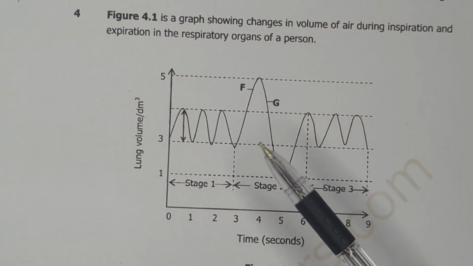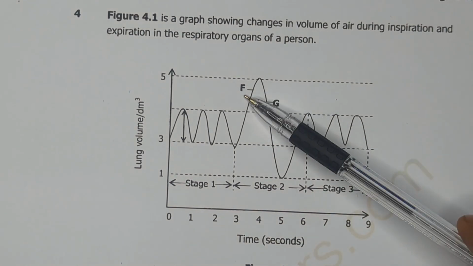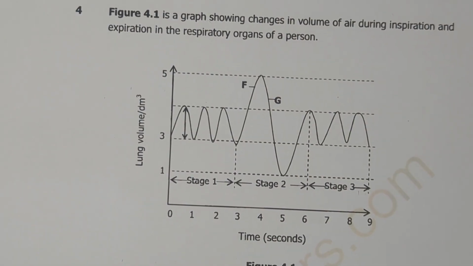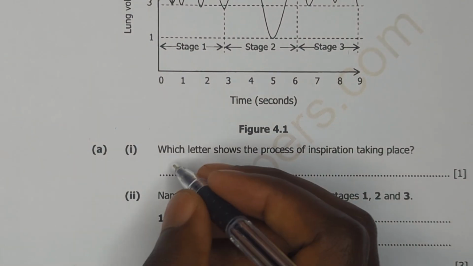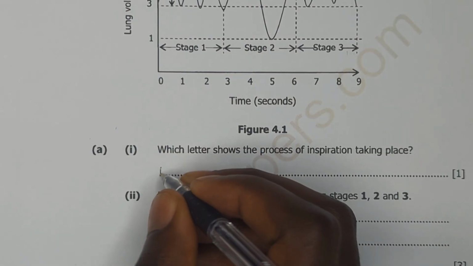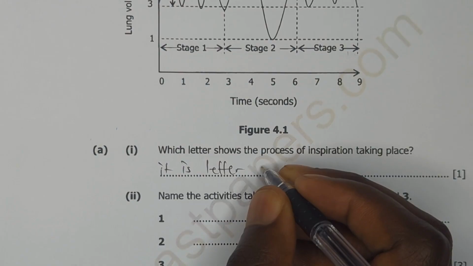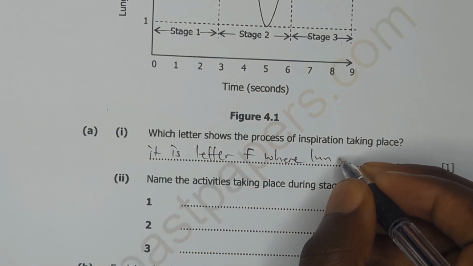So the letter which is showing the higher volume is F than G. So on this question, it is letter F, where lung volume increases.